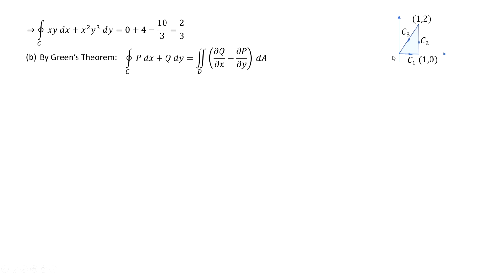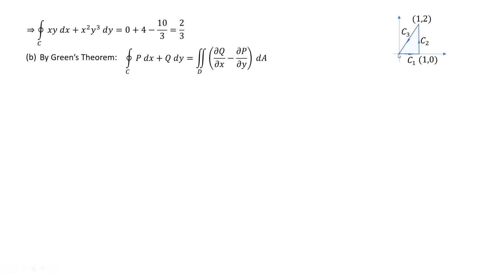What? I don't know how to evaluate. Well, you should, right? This is something that we did in the previous chapter. What type of integral is this? Should we integrate along x or along y? The truth is it doesn't matter in this case.